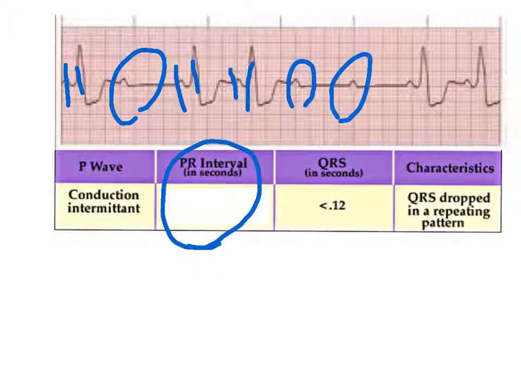This is a variable ratio of conduction. So the AV node is blocking every other P wave or every third P wave, and sometimes two P waves in a row. So this should be of concern. Atropine may be helpful in this case, or it may not. I wouldn't rely on it totally, but we would need to try it first based on ACLS guidance.